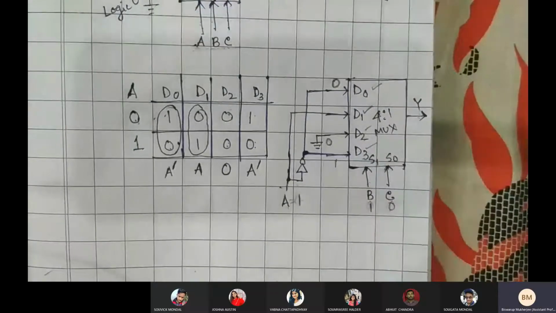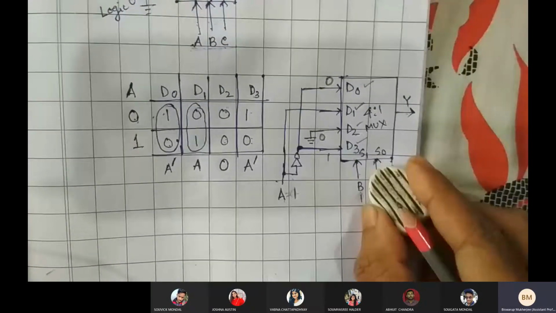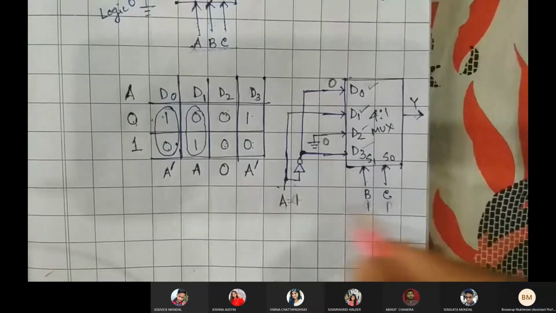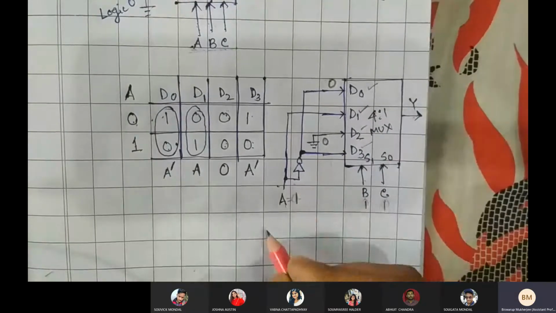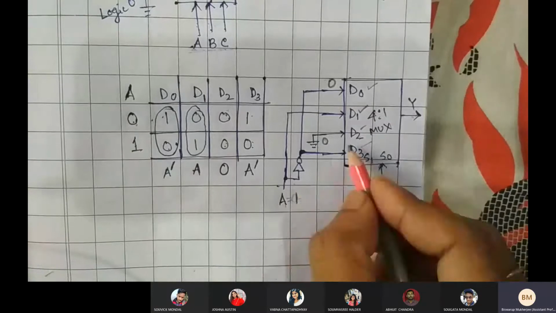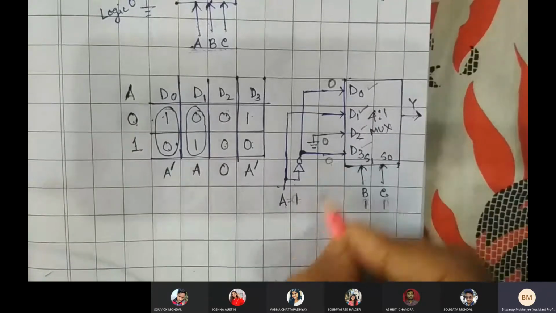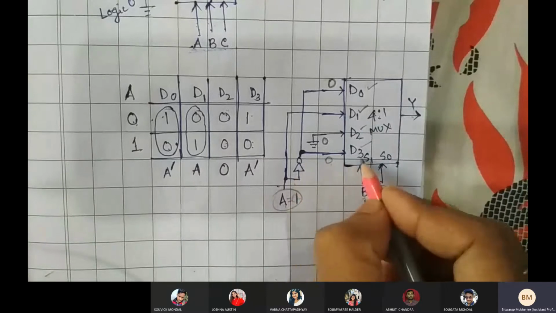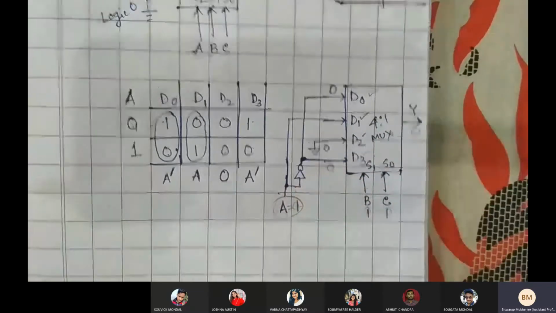And for 111, if it is 111, right? So D3 will be selected. This time D3 is A bar, that is 0, right? So A is 1, so A bar is 0. So this time output will be also 0. You can see output is also 0.